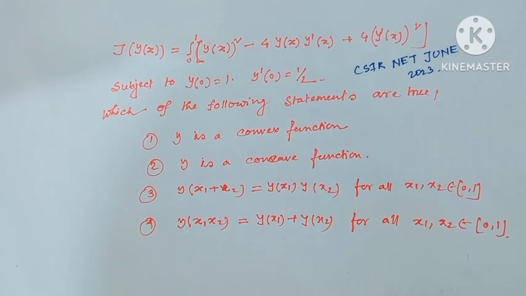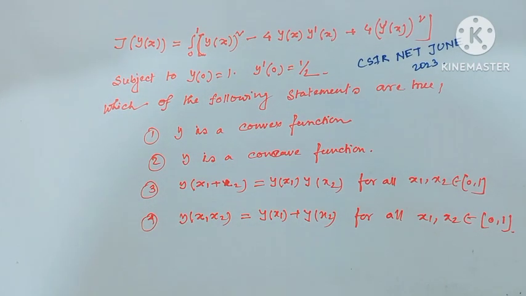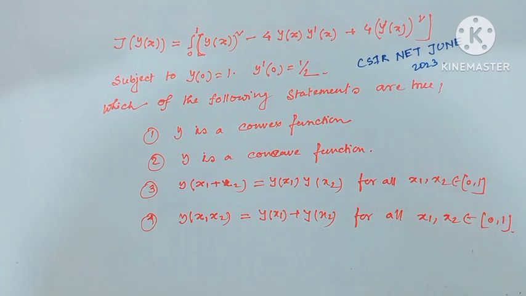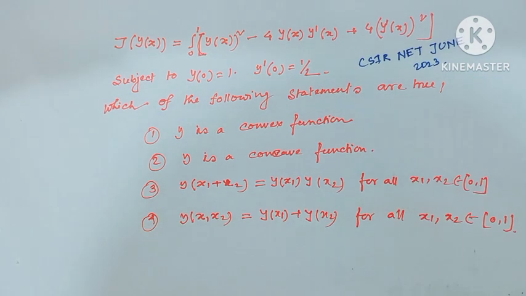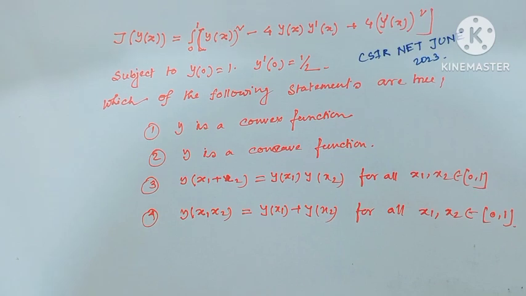Option 1, y is a convex function. Option 2, y is a concave function. Option 3, y(x1 plus x2) equal to y(x1) times y(x2) for all x1, x2 belongs to closed interval 0, 1.